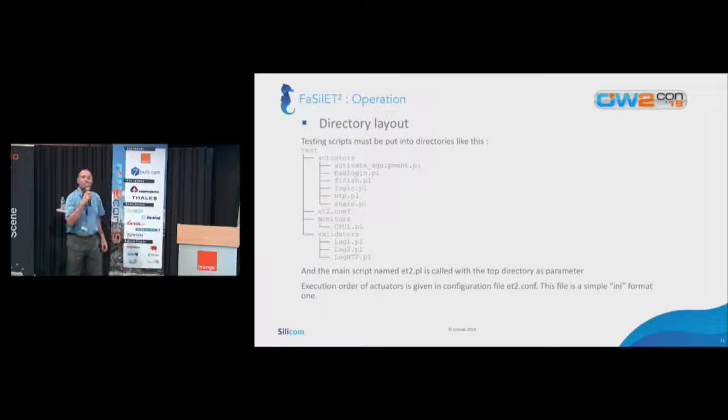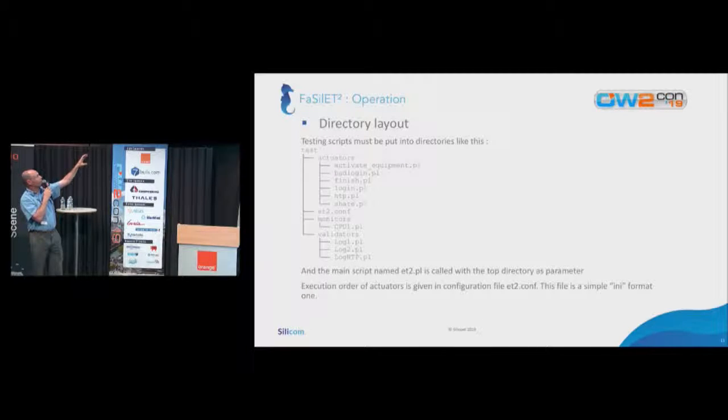We can see here how it works. Just put actuators in a directory, monitors in another one, validators in the third one. Create et2.conf, which describes the order for actuators to run. And after that, you call the main script with the directory as a parameter.